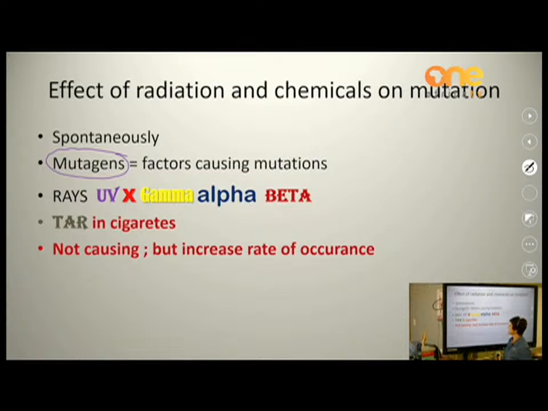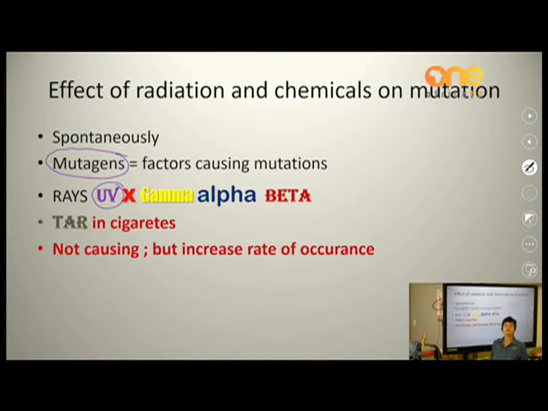UV rays, X-rays, gamma rays, alpha rays, beta rays. All those rays can cause the mutation. We know that the UV rays from the sun is the one that causes skin cancer. Then the tar in cigarettes can also be called a mutagen.